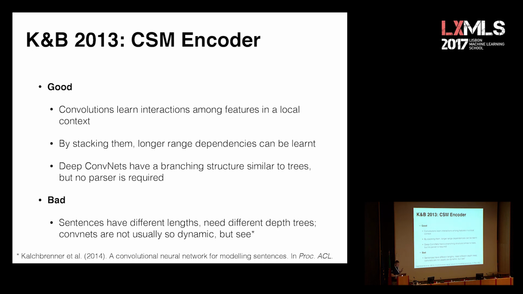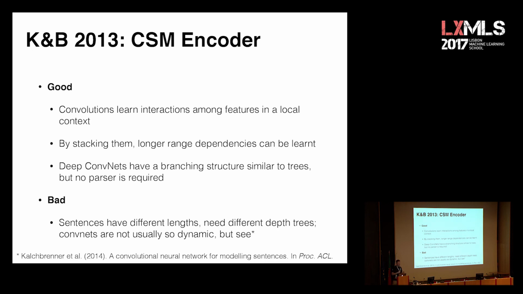Basically, convolutions are nice. They learn interactions among features in a local context, and by stacking them, you can get longer range dependencies. And they're also appealing because deep ConvNets have a branching structure that's similar to trees, but no parser is required. So you feel like you're getting some of the tree-like benefits of language without all of the problems.